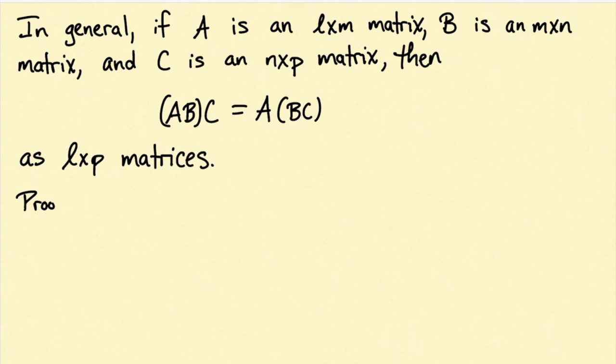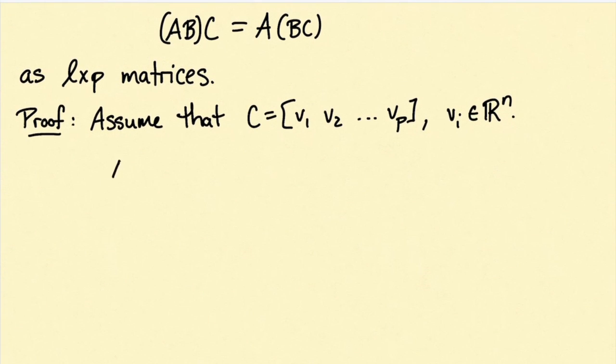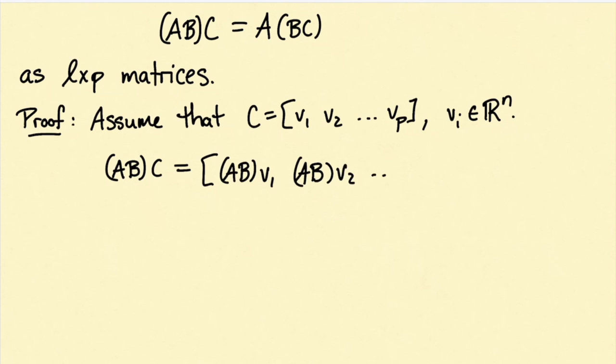So if we assume that C has V1, V2, down to VP as its columns, where each of the V's is an n-dimensional vector, then we can form the product AB multiplied by C. The columns of this new matrix will be AB multiplied by V1, AB multiplied by V2, down to AB multiplied by VP.